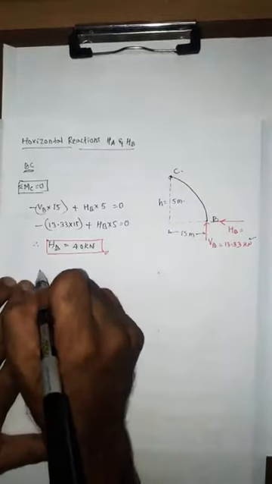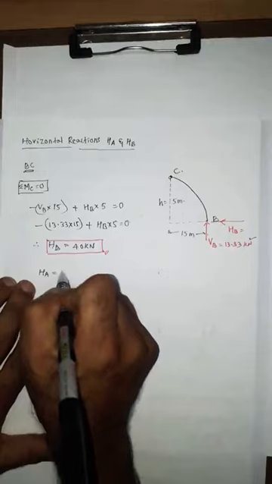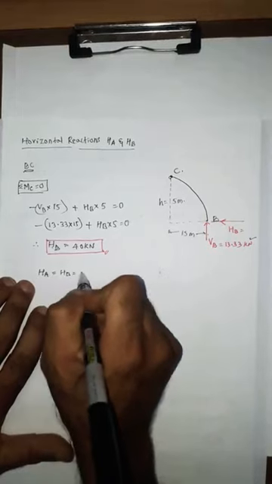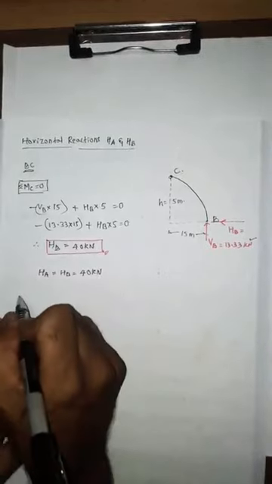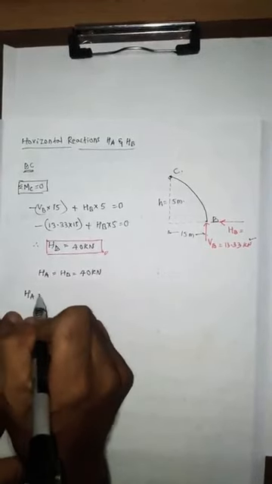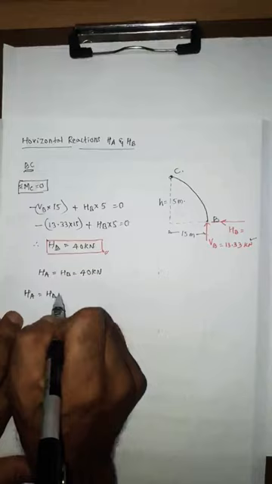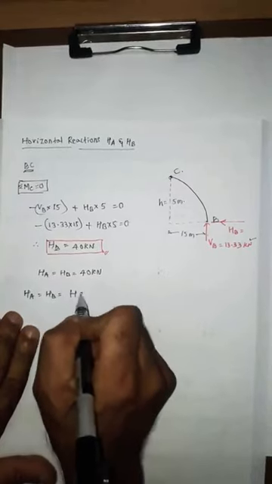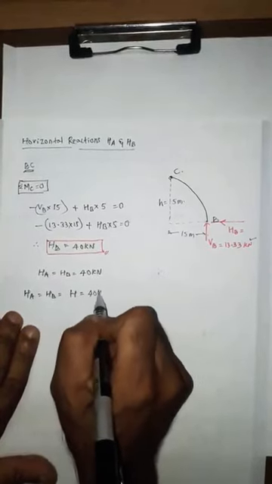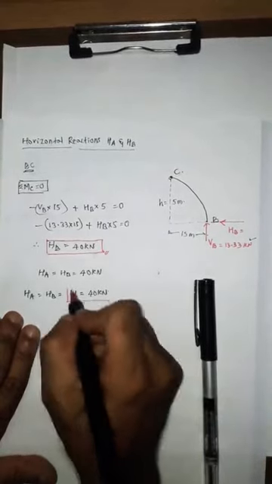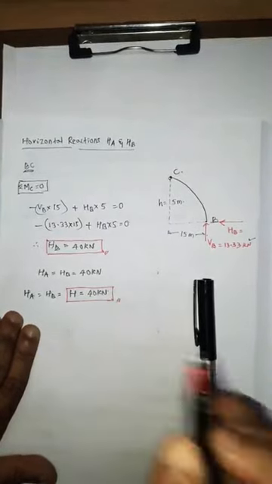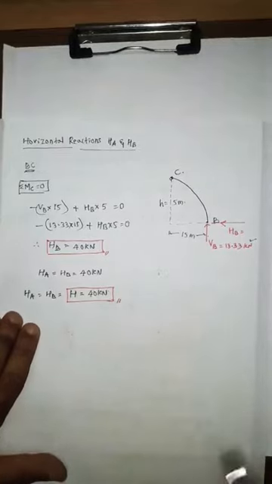Due to symmetry, HA is equal to HB is equal to 40 kilonewton. You can write H is equal to 40 kilonewton.